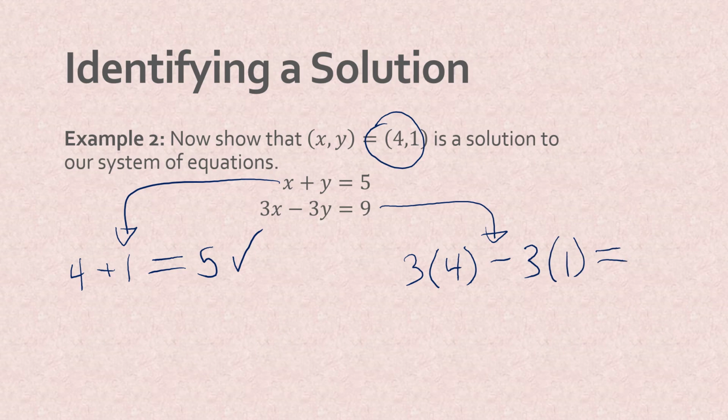And again, we're going to ask ourselves, does it equal 9 this time? And if you look, 3 times 4 is 12. And 12 minus 3 does equal 9.